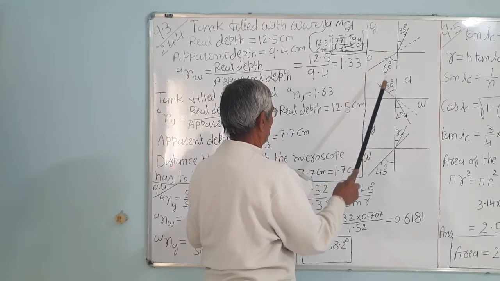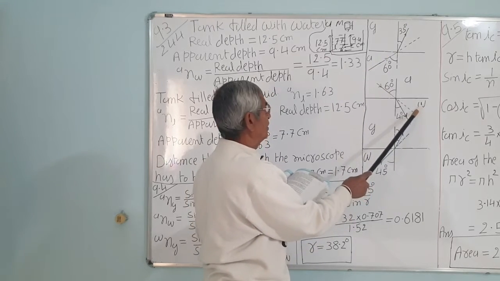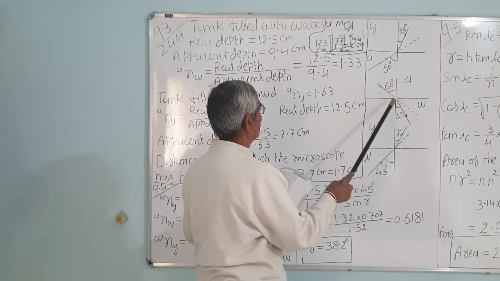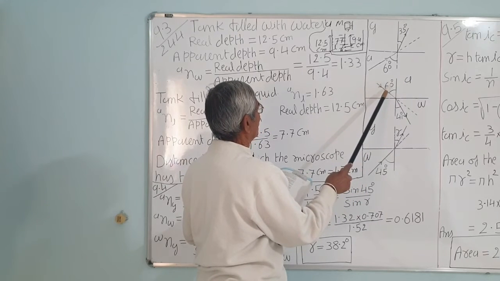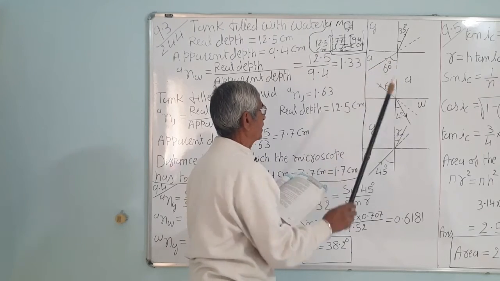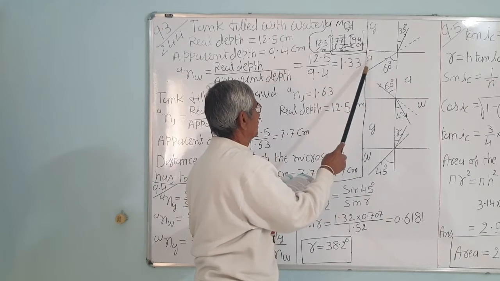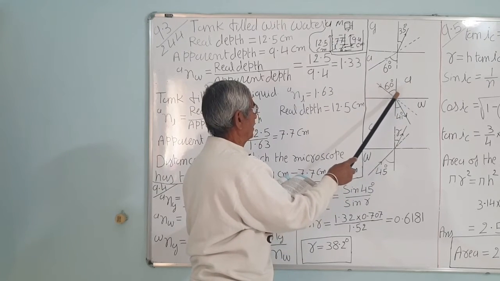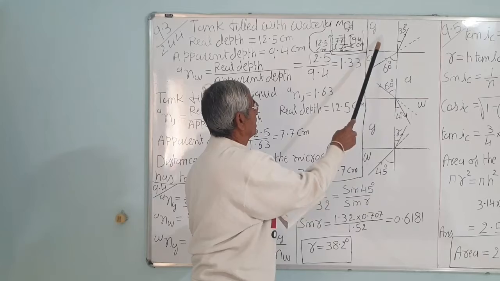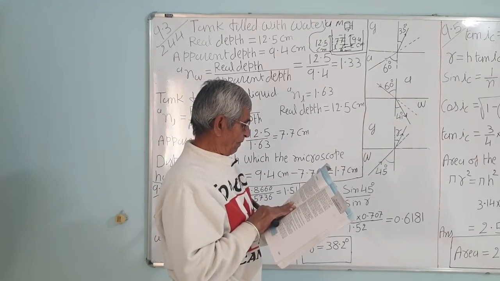W stands for water, and this is air. This incident ray, this also incident ray, the angle of incidence is 60 degree at both the interfaces, the glass-air interface and the air-water interface, correct.